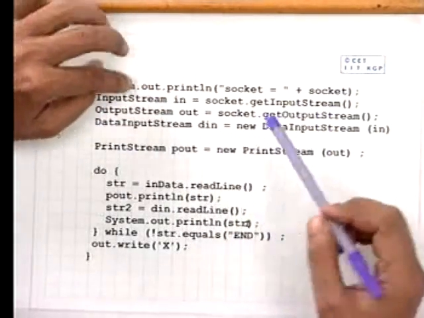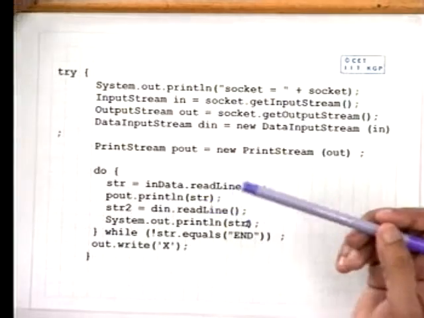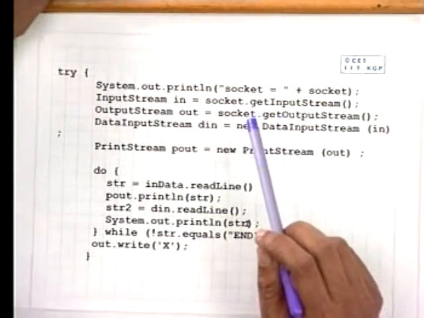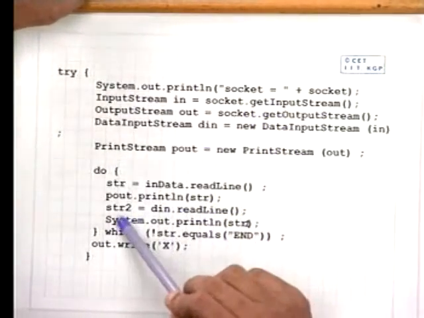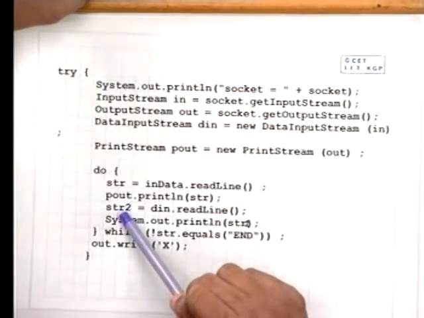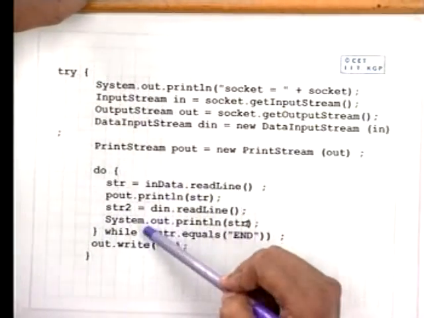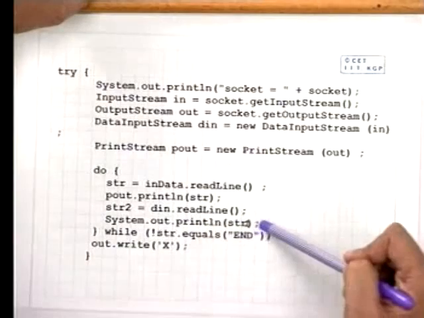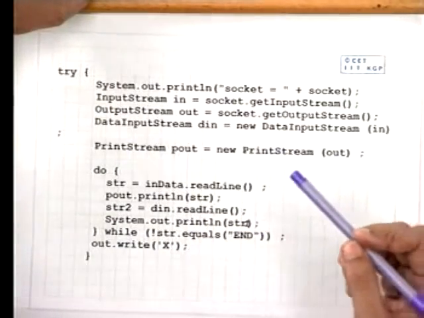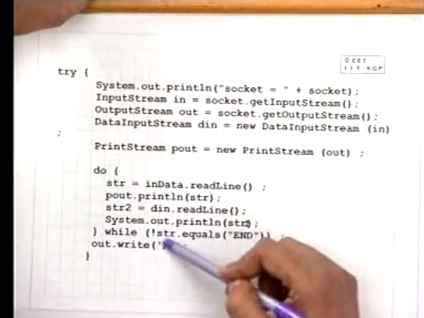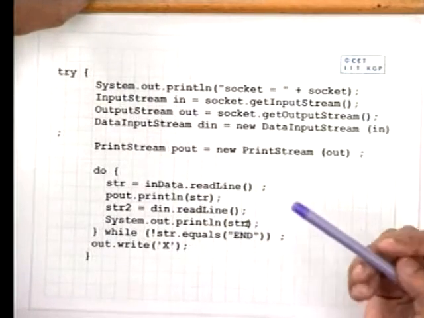So whatever is written into the socket's input stream will be stored into the string 2, and then I can simply print the string 2 data, and this will go on till string equals end.